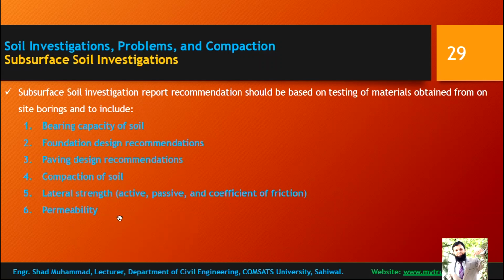So all these details need to be specified while writing a subsurface soil investigation recommendation. What is the bearing capacity, which type of foundations need to be designed, paving design, compaction of the soil, and lateral strength and permeability parameters.